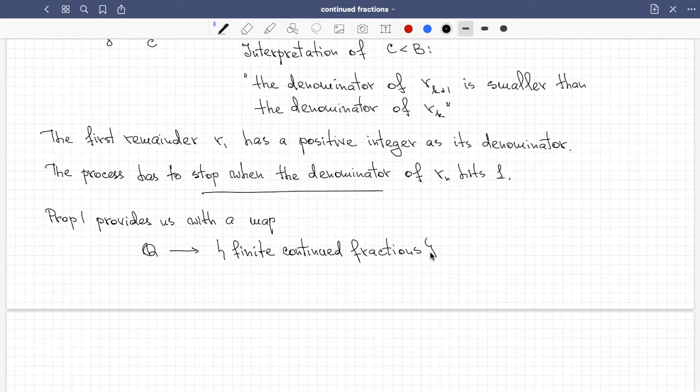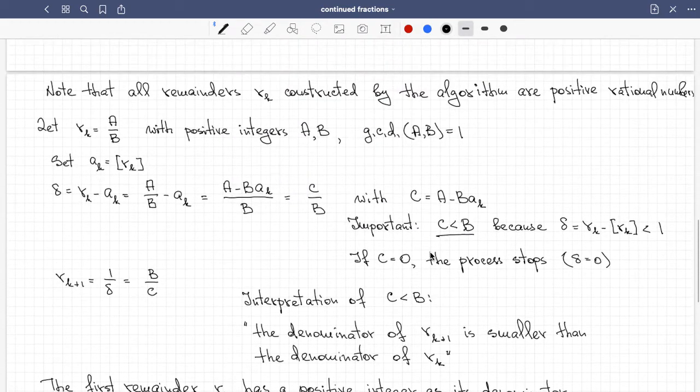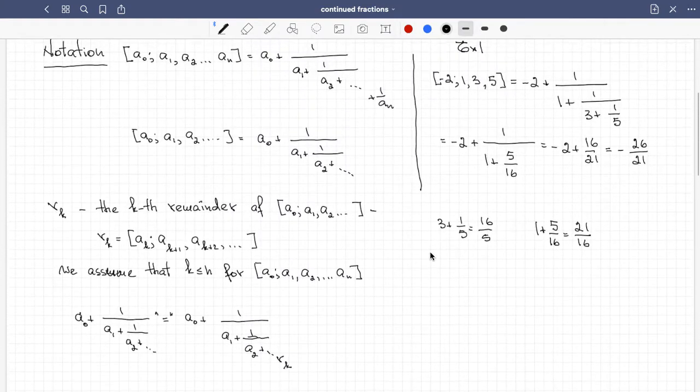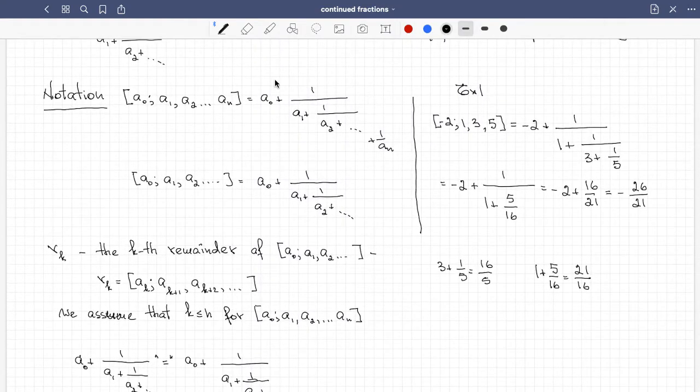On the other hand, we know how to evaluate a finite continued fraction. This expression can be evaluated, just calculating from right down to left up, as in the example, to produce a rational number.